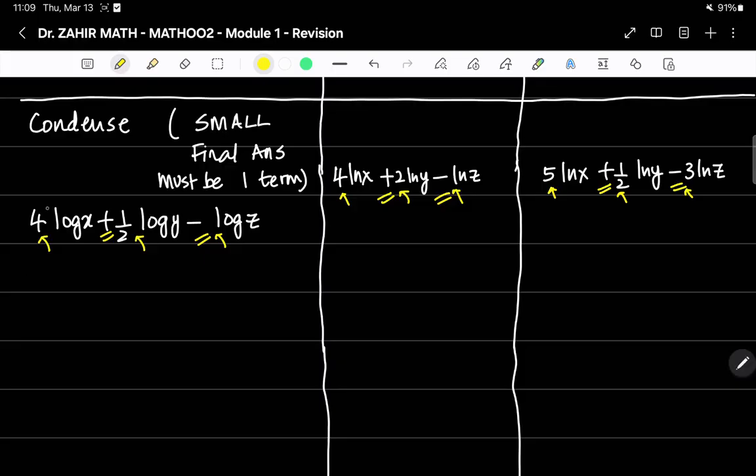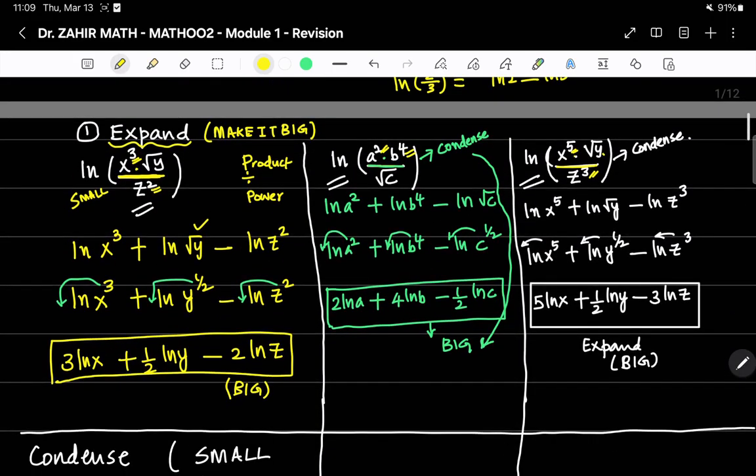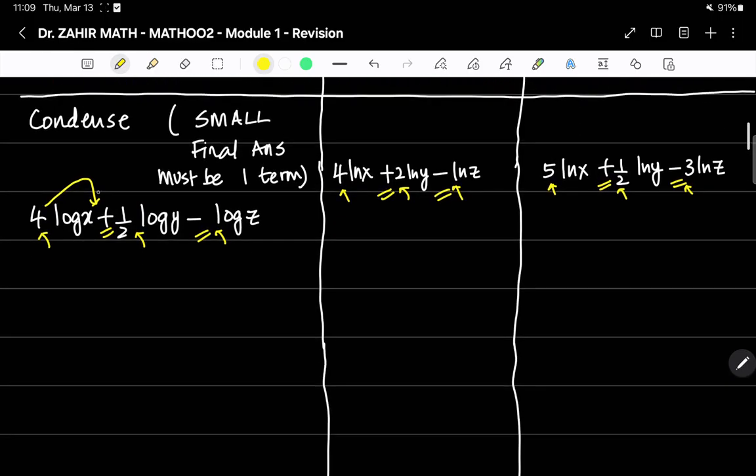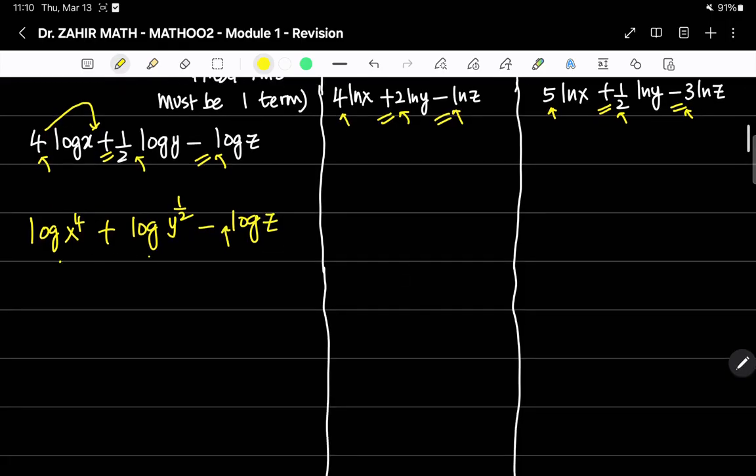What can I do? Using the power rule, we move the coefficients up. Before, we brought the power down to expand; now we bring it up to condense. So we get log x to the power 4, and log y to the power of 1 by 2, and log z has no coefficient. Adding means converting into multiply, and minus means divide.